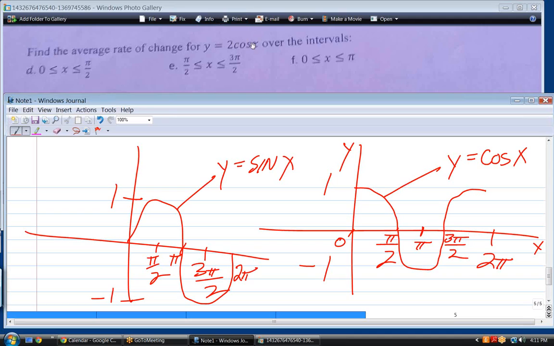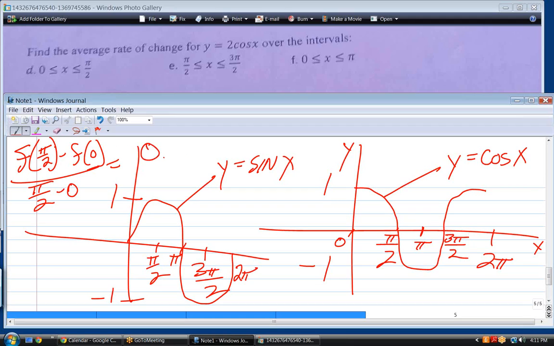the average rate of change of this was 2 times cosine, right? In other words, it was f of pi over 2 minus f of 0, all over pi over 2 minus 0. What is f of pi over 2 for the cosine curve? 0. Good.